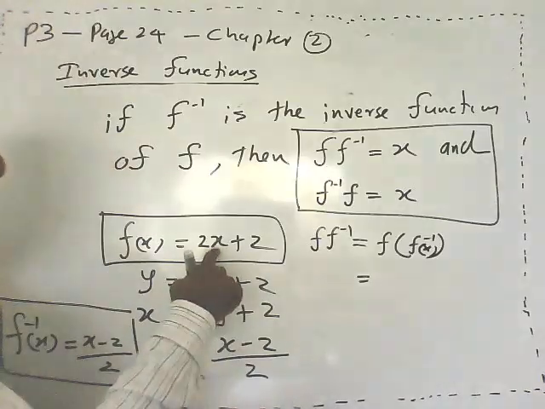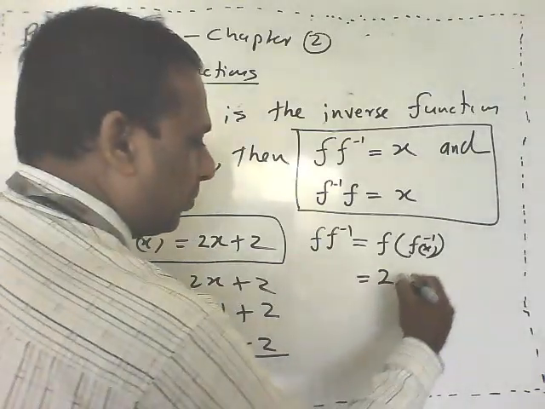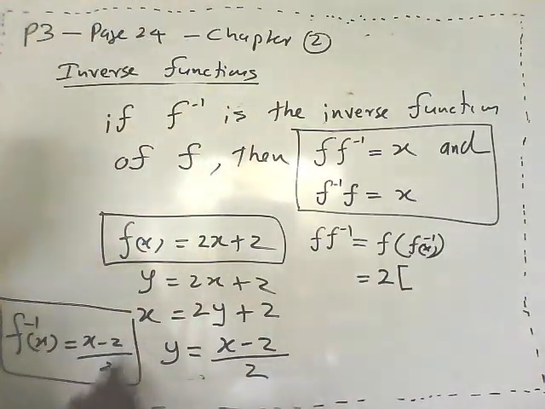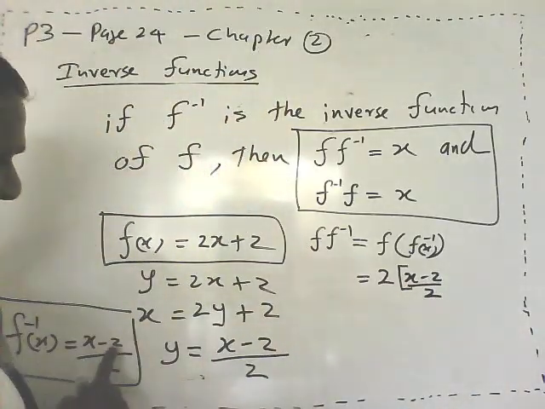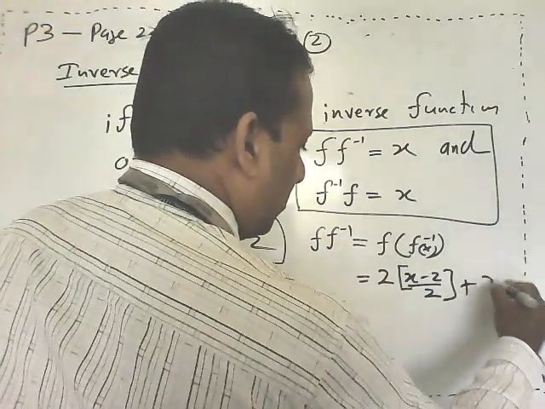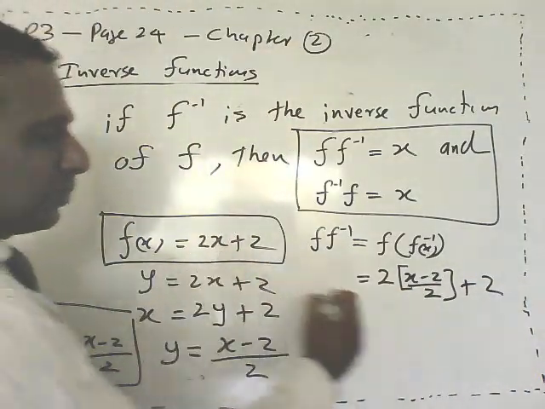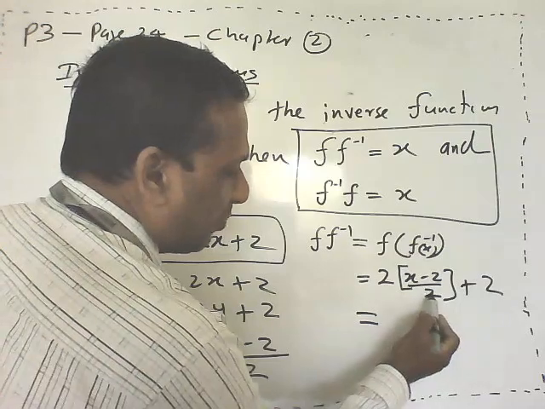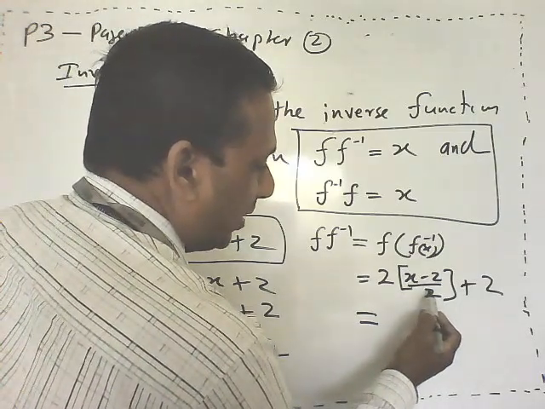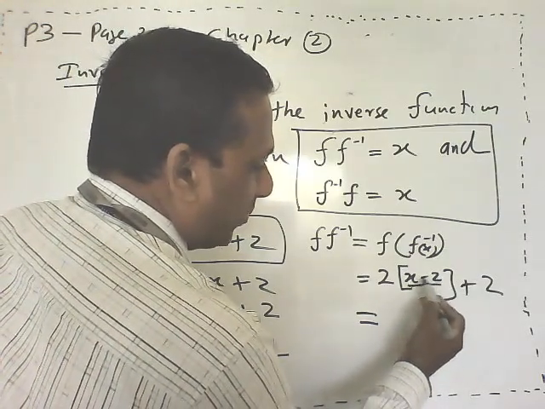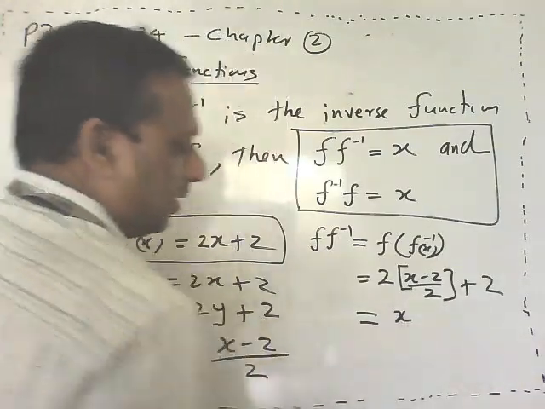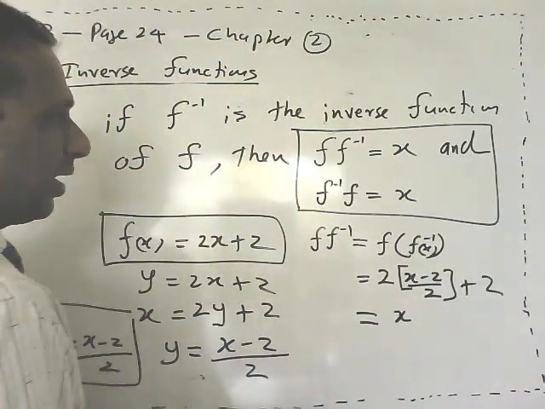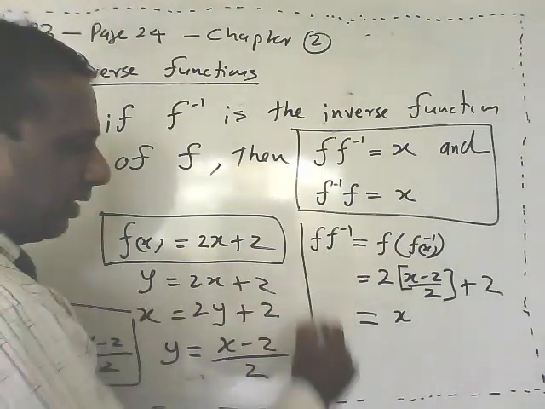So for this we should put (x minus 2) over 2, and plus 2. When you expand this, the 2s get cancelled off and you will get x minus 2, and x minus 2 plus 2 is x.